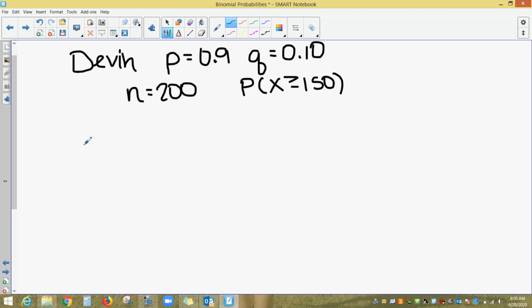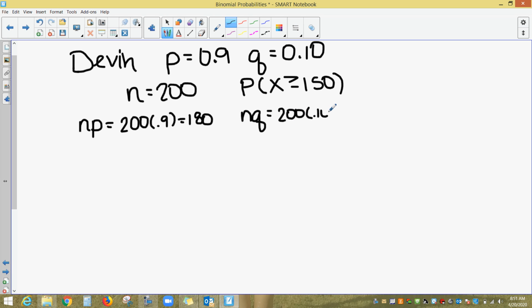If we look at this problem and say I don't feel like finding 51 probabilities today and adding those 51 numbers together, even if I had a table to help me, then I take n times p, which gives 180, and n times q, which gives 20. Since both of those numbers are bigger than 5, we know we can keep going. If one or both is less than 5, then we're stuck doing this by hand the long way.